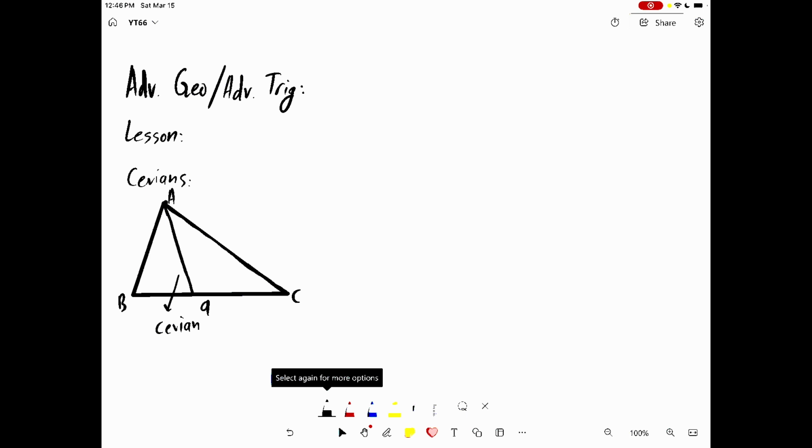So, one of the main formulas for figuring it out, especially for the side bisector, is: if we have opposite side a, opposite side b, and opposite side c, the Cevian length is equal to 1/2 times the square root of 2b squared plus 2c squared minus a squared.